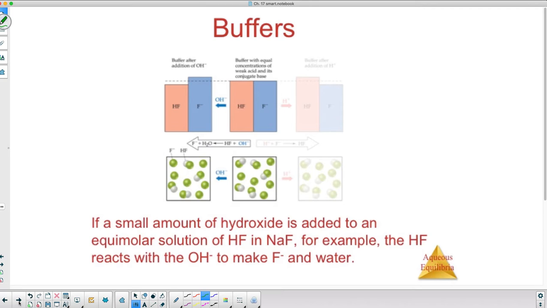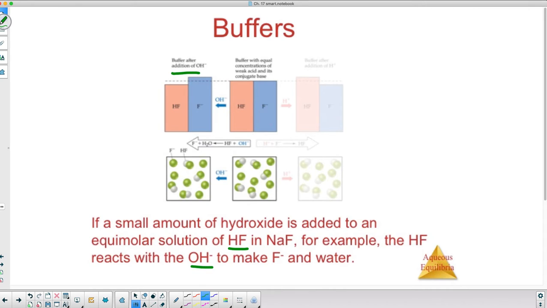So here I have a situation. This is difficult to see on the screen, the smaller things, but it says the buffer after you add OH-, which means adding a base. If you add OH-, the acid reacts with the base, which is good.